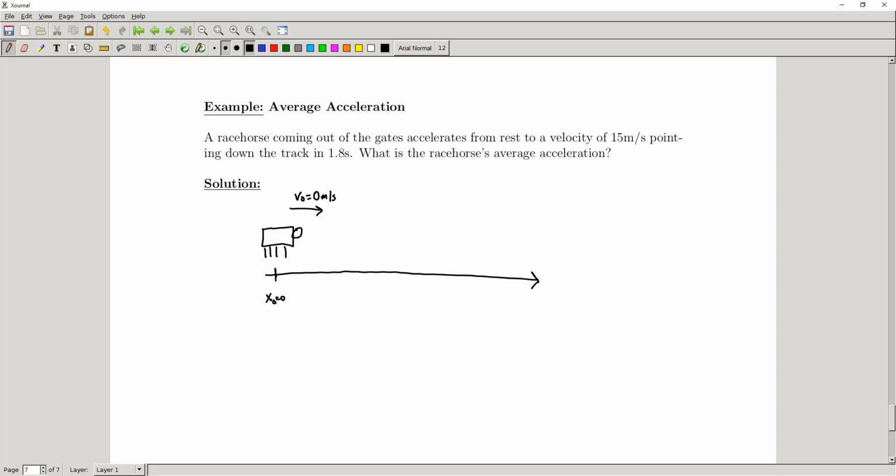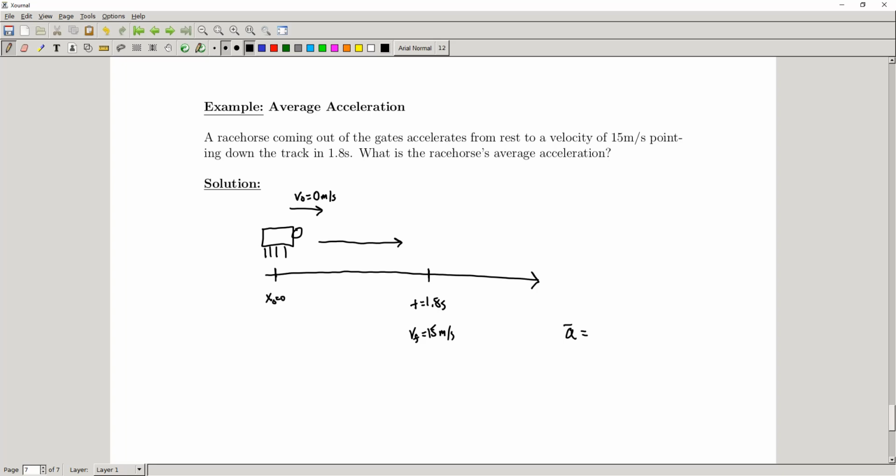Because it starts off from rest coming out of the gates. And then at some point, the horse has moved forward, and at some point in the future, at a time of 1.8 seconds, it has a final velocity equal to 15 meters per second. Okay, and we want to find what the average acceleration is.